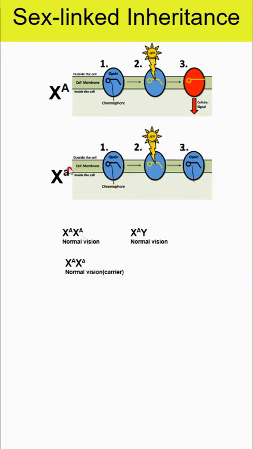If you have the recessive colorblind allele, this protein, when it interacts with the light, does not change shape, and no cellular signal is sent to the brain to perceive the different colors. Males only need that one X with the nonfunctioning protein. In order for a female to be colorblind, she has to have both X's carry the recessive allele.